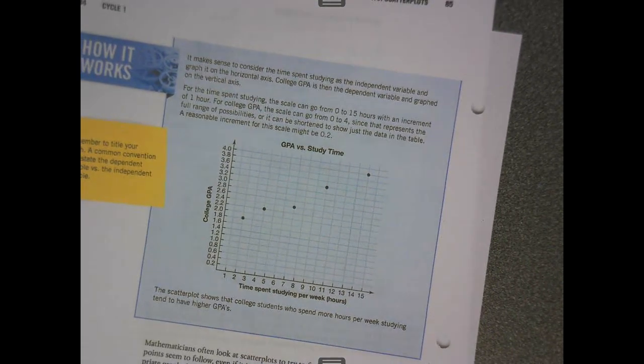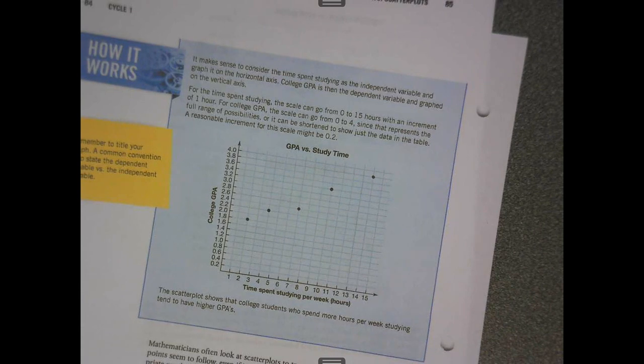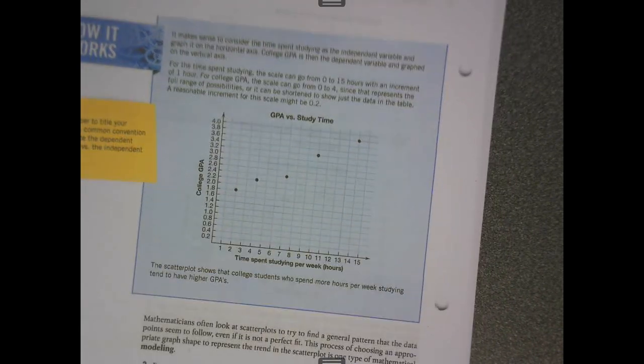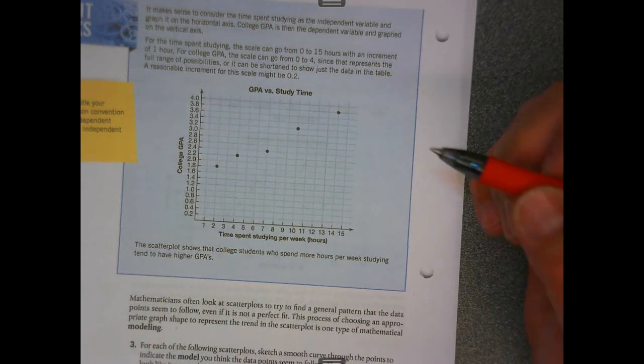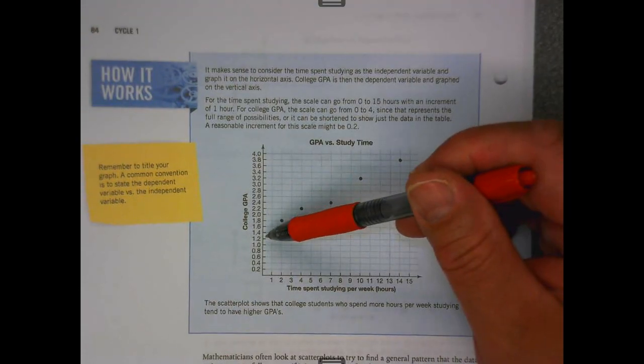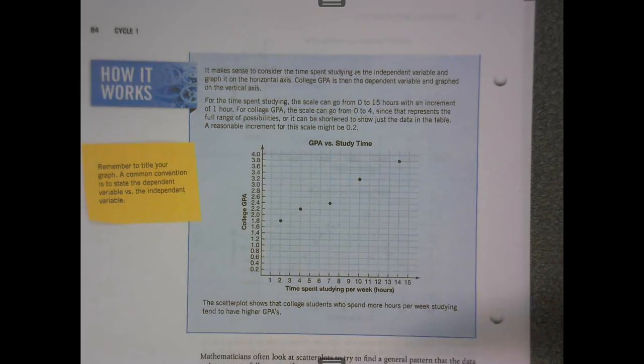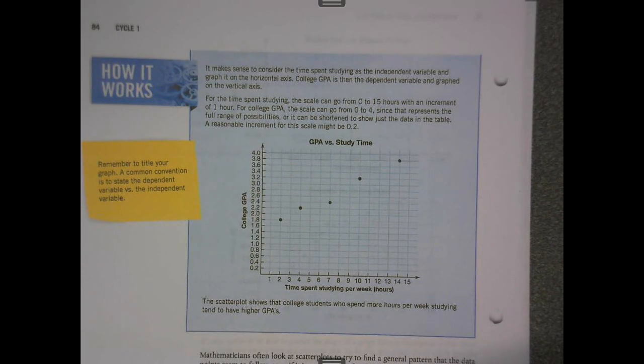For instance, mathematicians often look at scatter plots to find the general pattern that data points seem to follow, even if it's not a perfect fit. This process of choosing an appropriate graph to represent the trend in the scatter plot is one type of mathematical model.